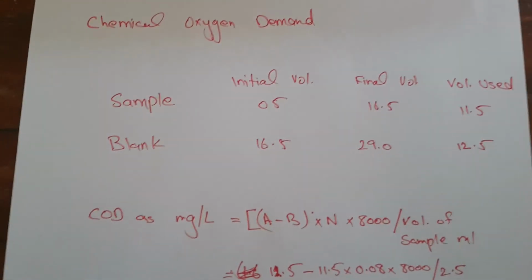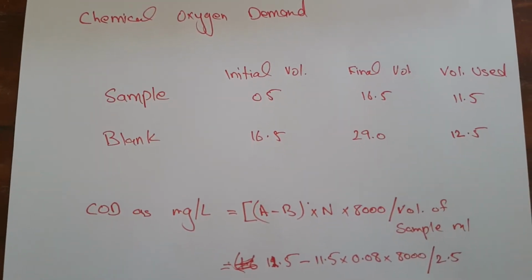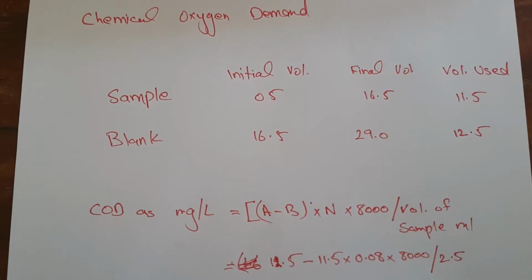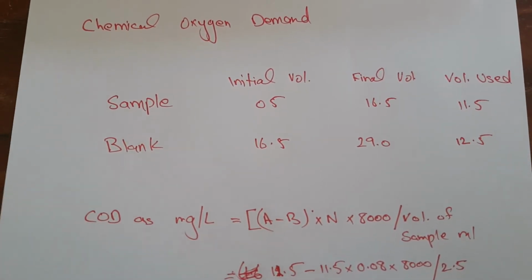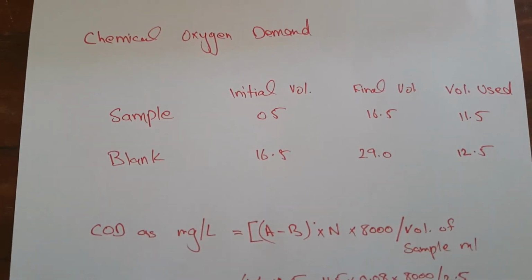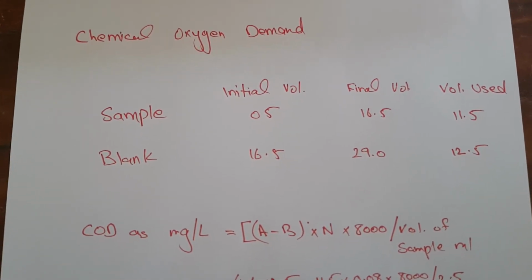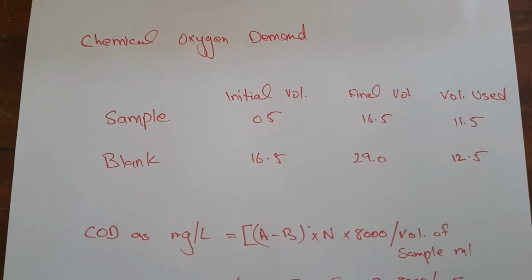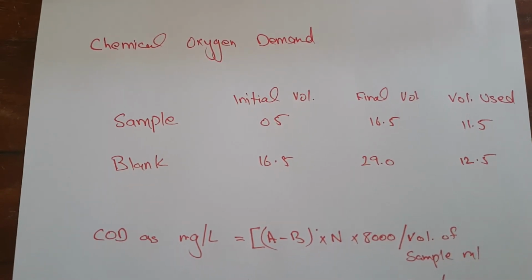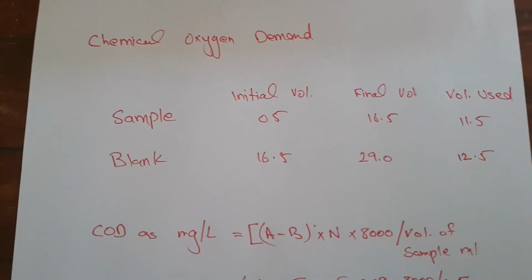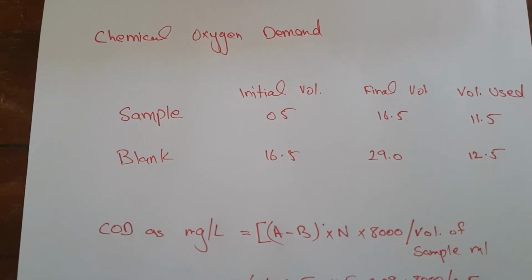So the formula to determine the chemical oxygen demand in mg per liter is (A minus B) times N times 8000 divided by the volume of sample, where A is the volume used in the blank, B is the volume used in the sample, and N is the standardization factor of ferrous ammonium sulfate.